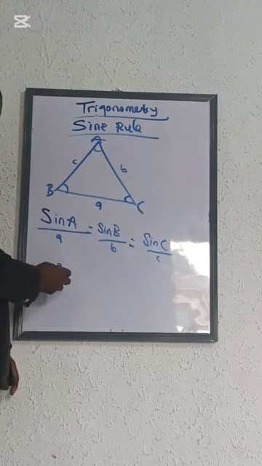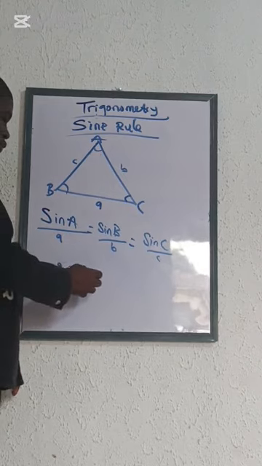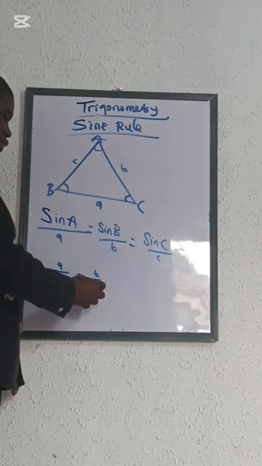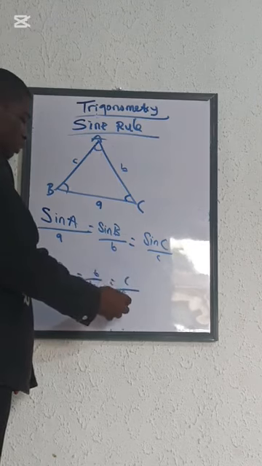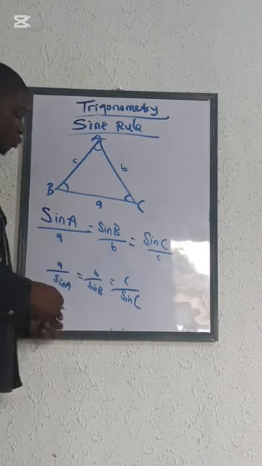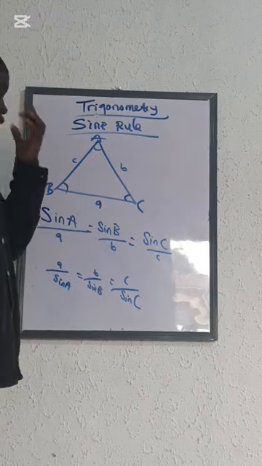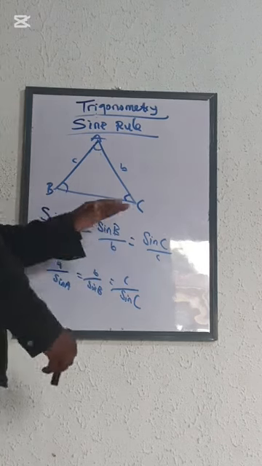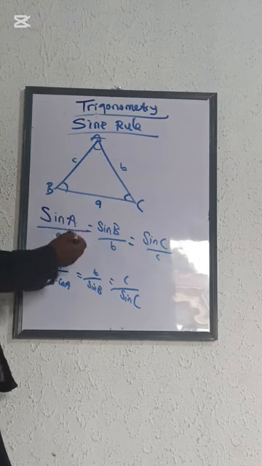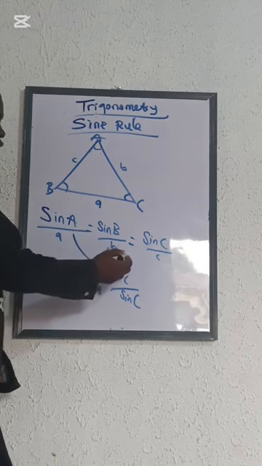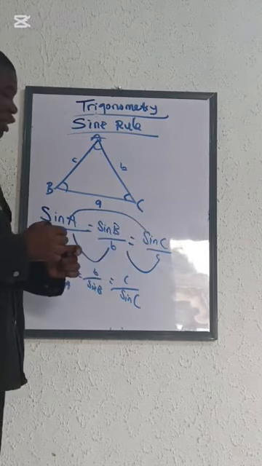You can have a over sine A equals b over sine B equals c over sine C. Now, any of them works. We cannot use the three. We have three angles, but sine rule only comes when you are using two. Either you are using A and B, or you are using B and C, or you are using A and C. And I'll give the explanation.